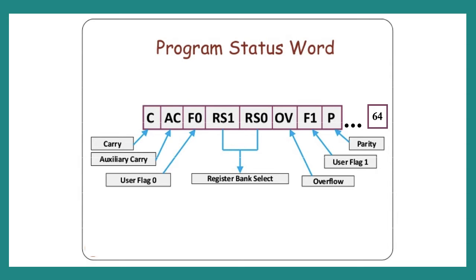For the rest of the code, you have the parity code for error checking, the user's flag of the information, and the overflow bits, so that the system can determine the next code in the series of this particular job or instruction.